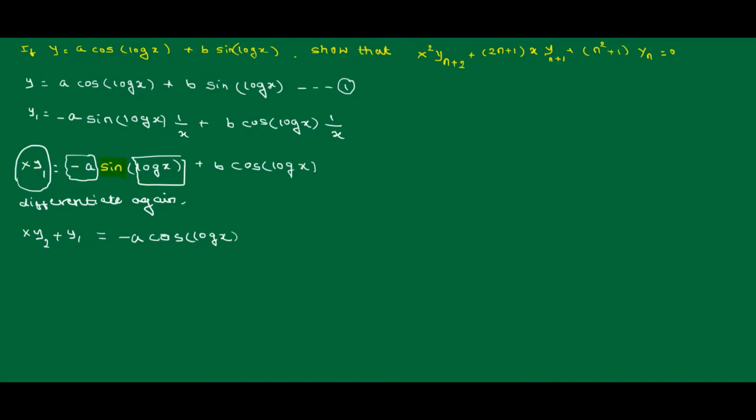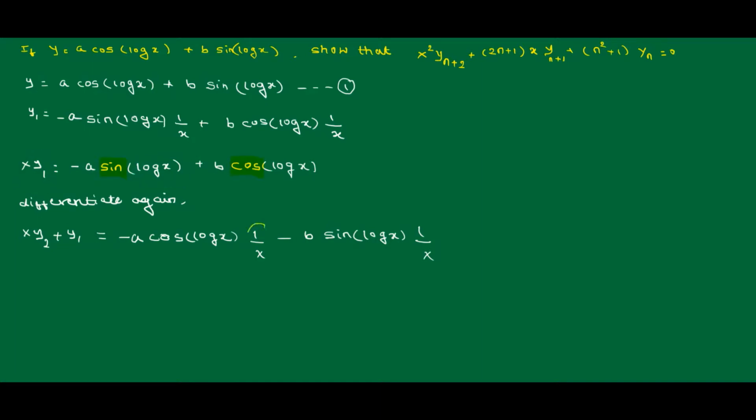Differentiation of log x is equal to 1 by x plus, here b is constant. Next, b term is constant. What is differentiation of this cosine term? Differentiation of cosine term is equal to minus sine term. So I will remove this plus sign and I will write here minus sine function, that is minus sine log x, and then differentiation of this log x is equal to 1 by x.